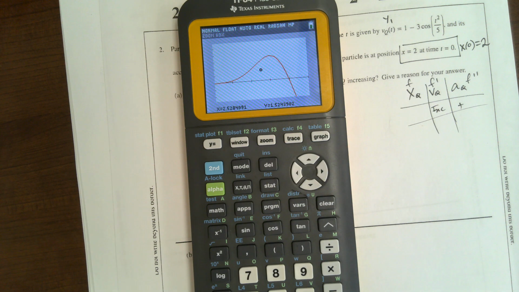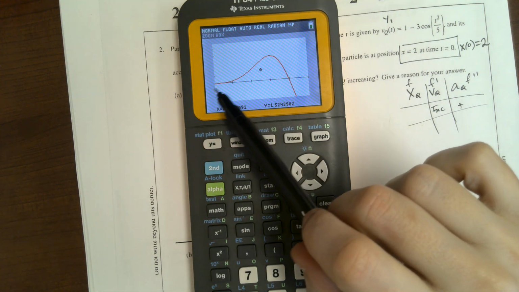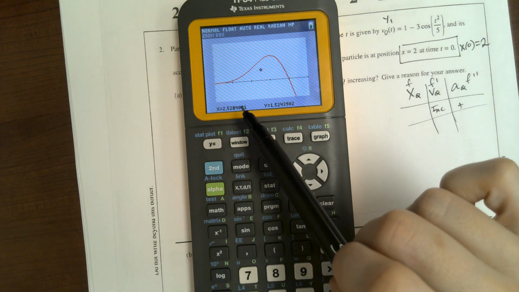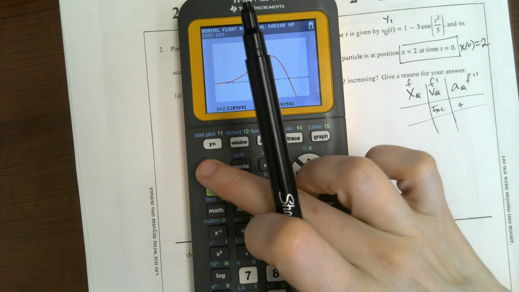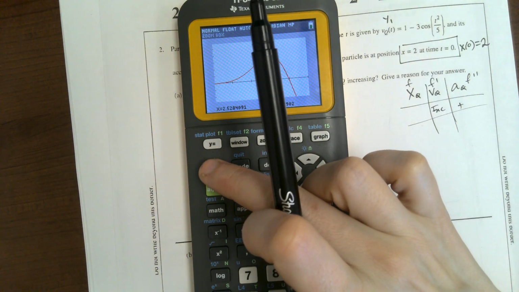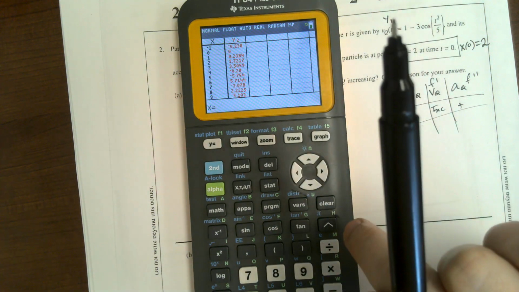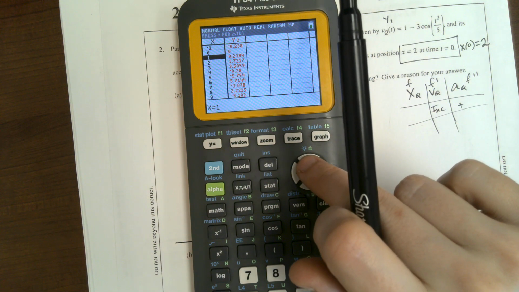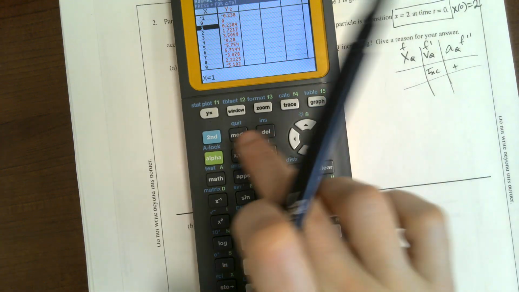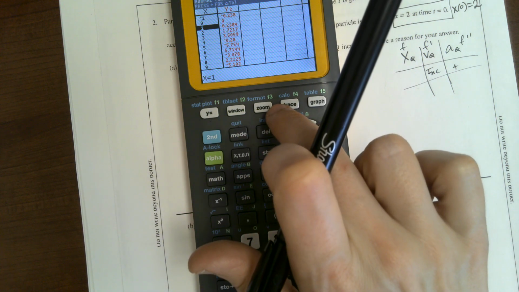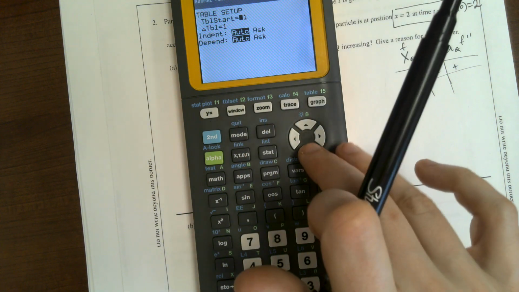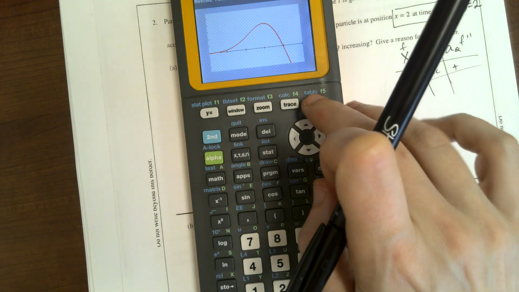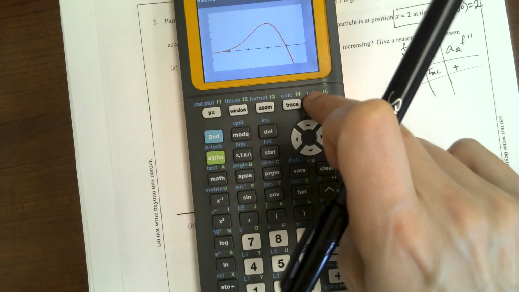All right, guys. Now, don't take this for granted, that this is all positive here. So let me go to the table, actually. If I go to the table, I could actually plug in a value. If I go second window for table set, and I put this on ask, and I'll go to the table.